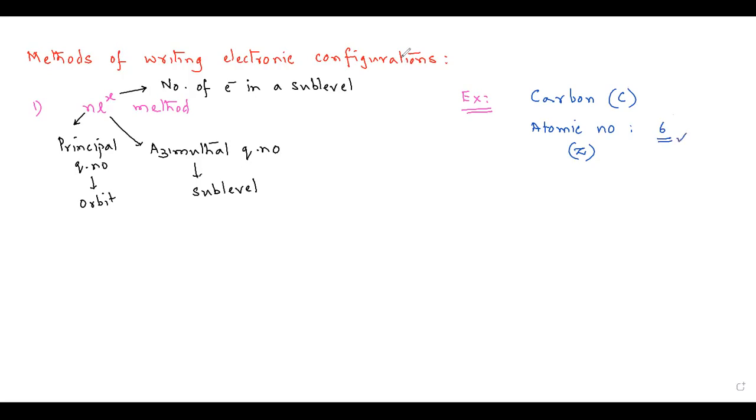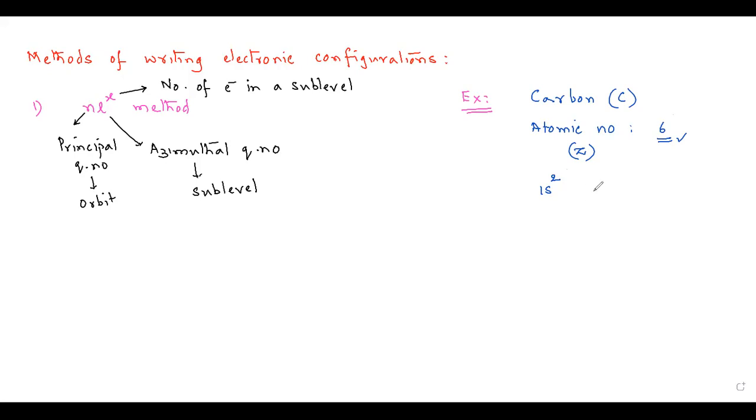Now, when you write the electronic configuration as per this nlx method, I told you that the first sublevel or the first orbital that is filled up is 1s according to Aufbau. I hope you all remember. Let us write 2 electrons in the 1s orbital because you cannot place more than 2.